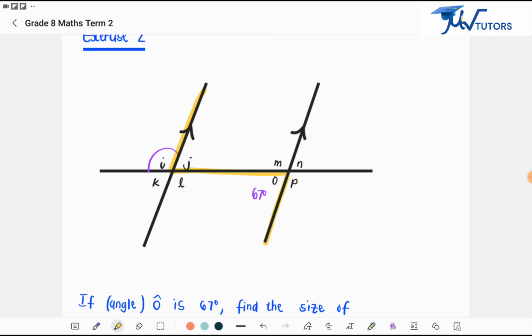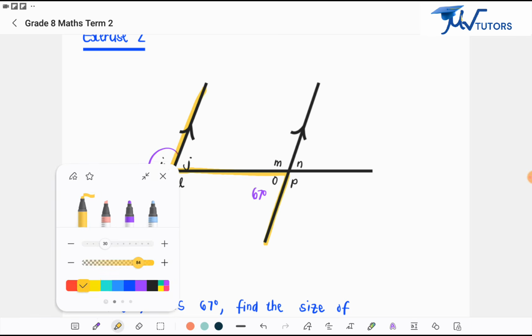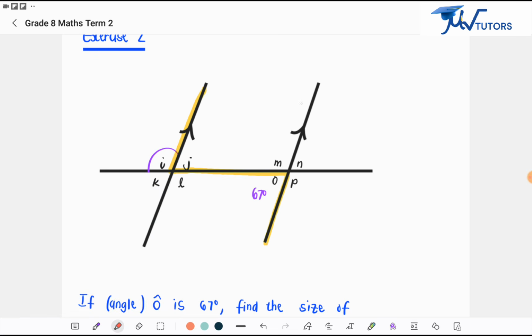Co-interior angles? No. Corresponding angles? If I went with corresponding, I would get this F over here, right? Again, I would be equal to M and not necessarily O. So I can't use one in isolation. I can use a combination. Vertically opposite angles? No.